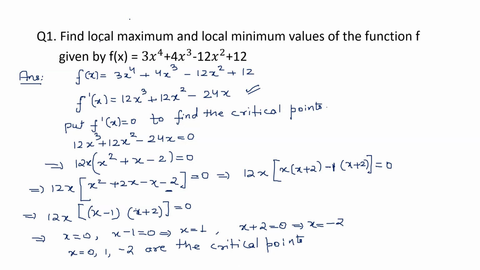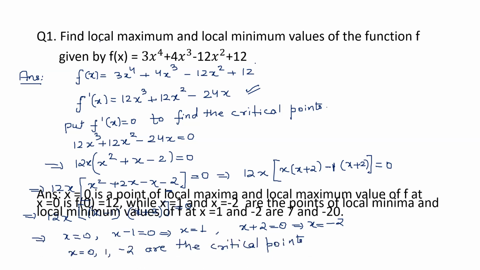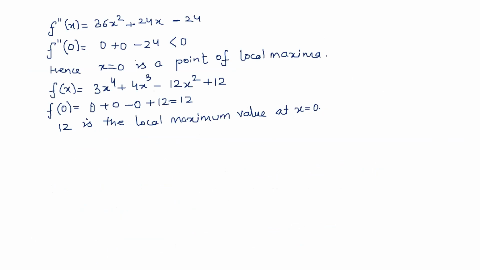Can you change the slide? Yes, sure. For the second derivative, no, Abdul, we will not equate to 0. We will differentiate it. For the second order derivative, we will double differentiate it and then put the critical point. Then we will check what answer we are getting. If we get a negative, then we will say this is a point of local maxima.